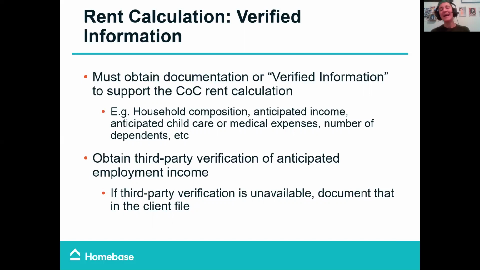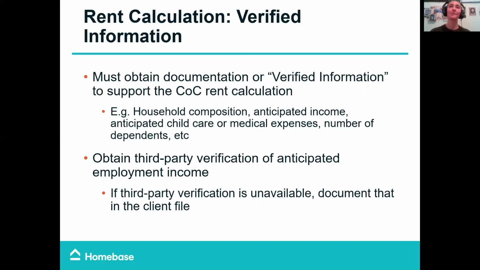So the type of verified information you're going to use may differ based on what type of information you're documenting. One example is you need third-party verification of employment income, or you need to try to get third-party verification of employment income if you can. But for something like household composition, you don't need third-party verification of household composition. That should be probably a statement from the household themselves, from the client. So different types of verified information for different pieces.